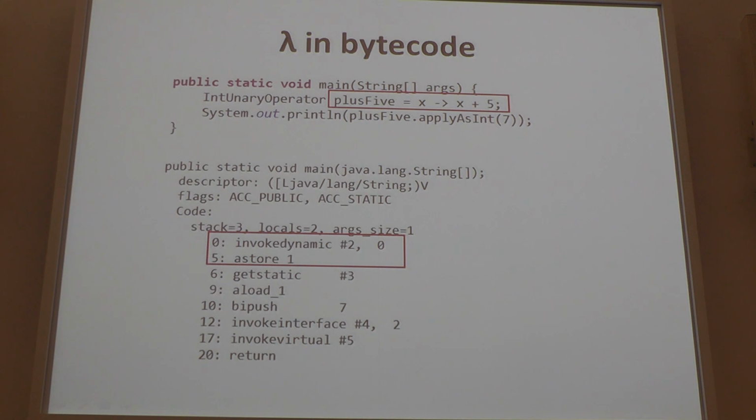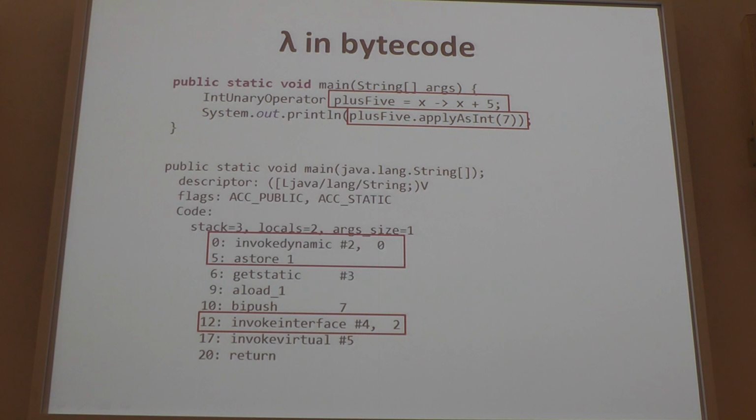Human readable. So here we have a definition of the lambda expression, and that gets compiled to these instructions. Here we see the invokedynamic, and this just will store the result of the invokedynamic in a local variable.